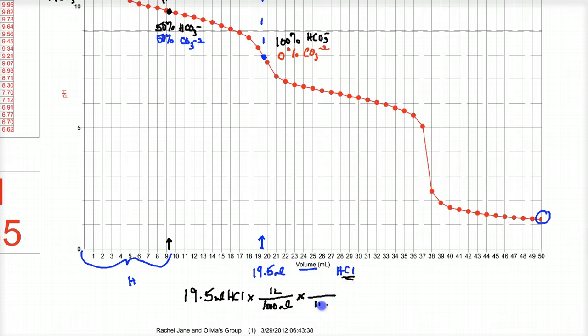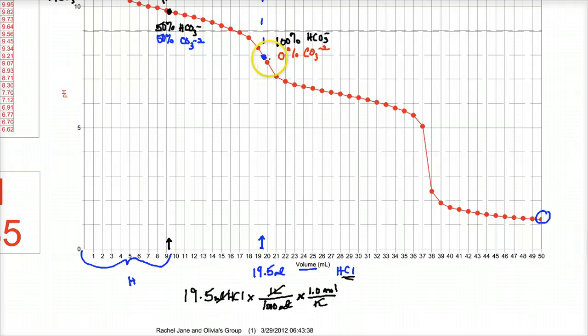For every 1 liter, there was 1.0 moles, because the molarity was 1 molar. So I'm getting rid of my milliliters, and now I have moles of HCl. All I did here, guys, was figure out the moles of HCl that was dropped at this equivalence point.